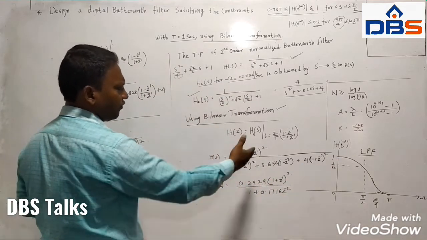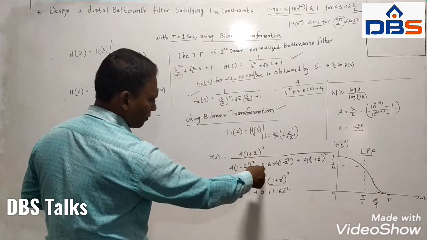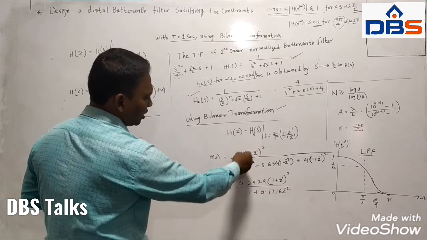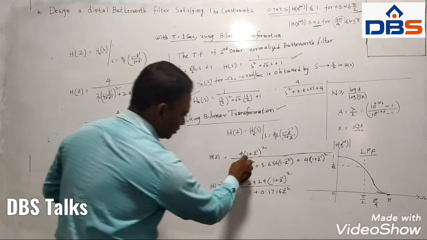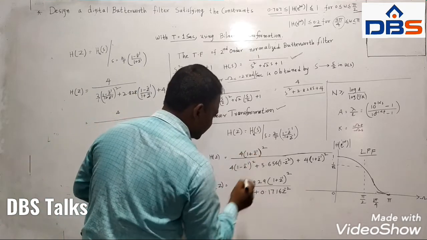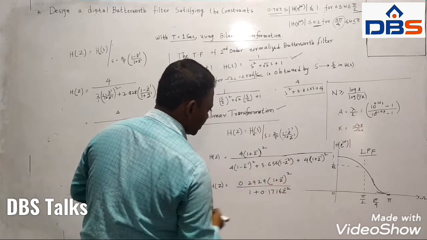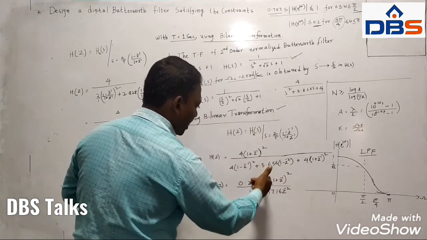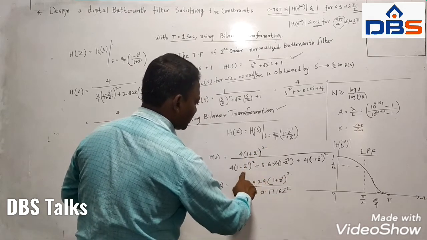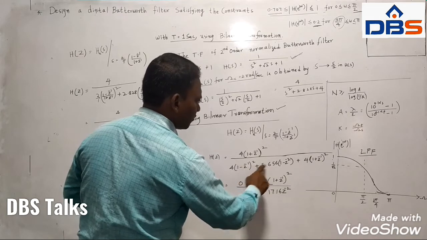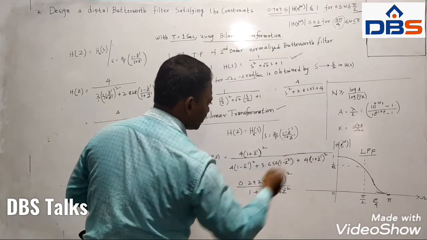And finally, if you simplify that, if you take some common value here, you will get... these things will not modify. Try to understand. So (1 plus Z inverse) whole square, here also (1 plus Z inverse) whole square. By expanding this, (1 minus Z inverse) whole square, (1 minus Z inverse) whole square, here (1 plus Z inverse) whole square.